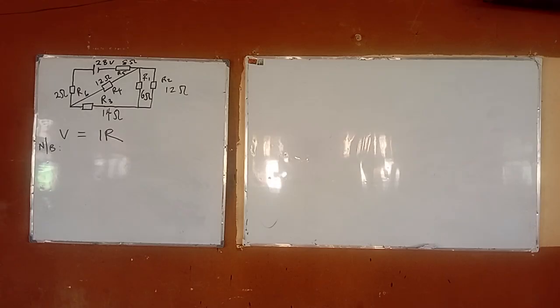Why? To find the current and the voltage, start from the highest resistance backwards. I said, to find resistance across the circuit, start from the lowest, you move up. Why?